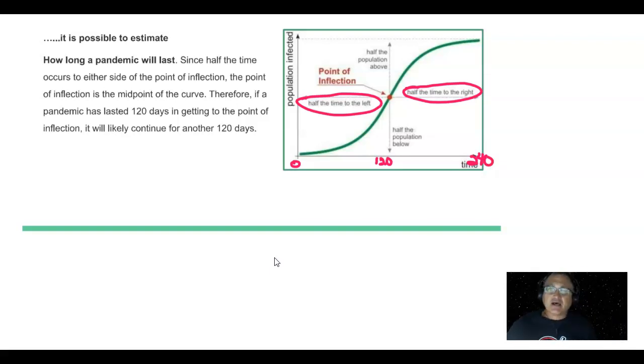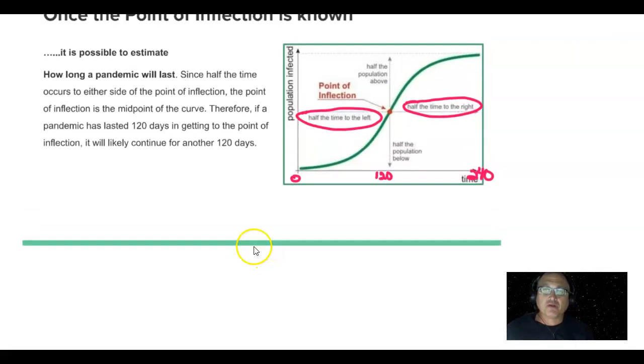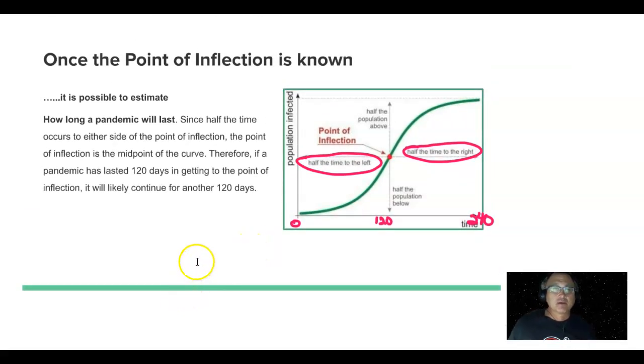That growth would stop because of what the point of inflection does. All right, it's also possible to use point of inflection to figure out or estimate how many people could potentially become infected.